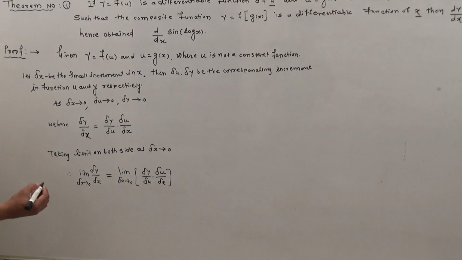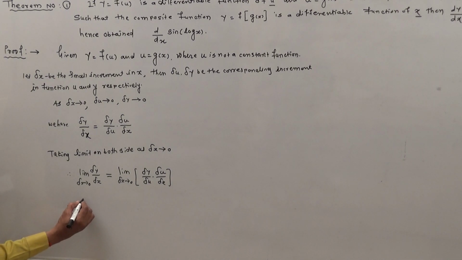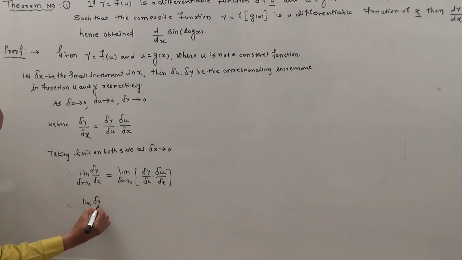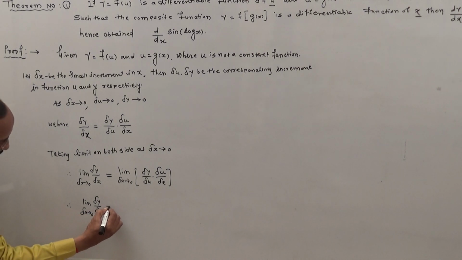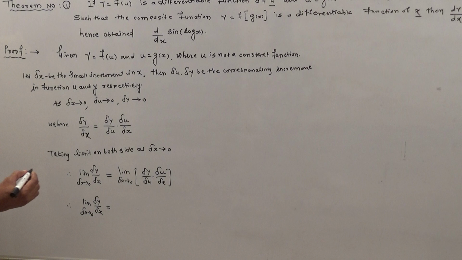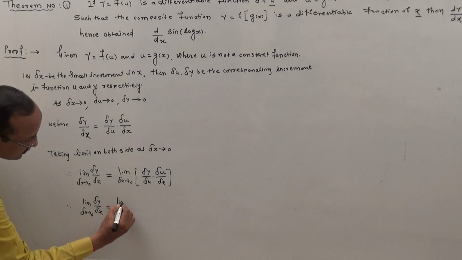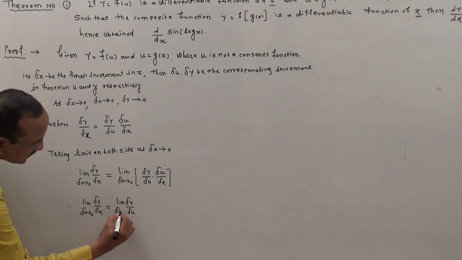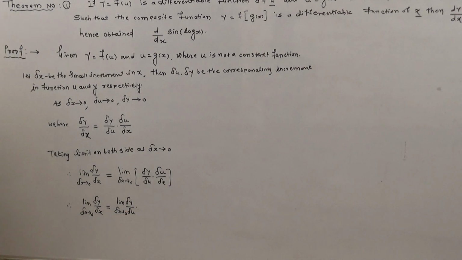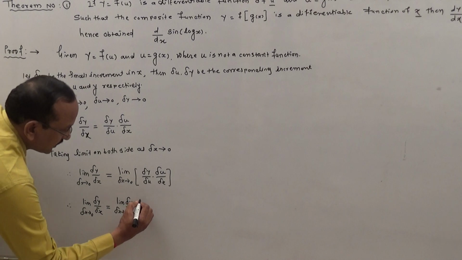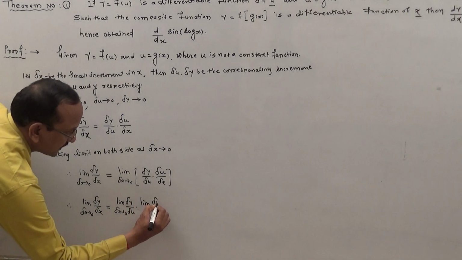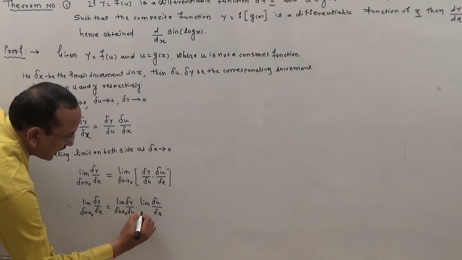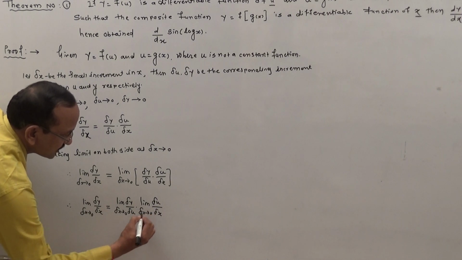Now take separate limits. So the limit of delta y by delta x as delta x tends to 0 is equal to the limit of delta y by delta u as delta x tends to 0 into the limit of delta u by delta x as delta x tends to 0.